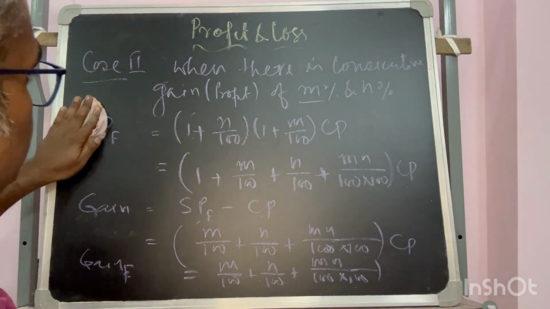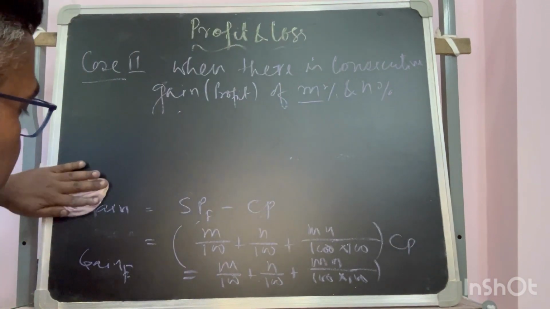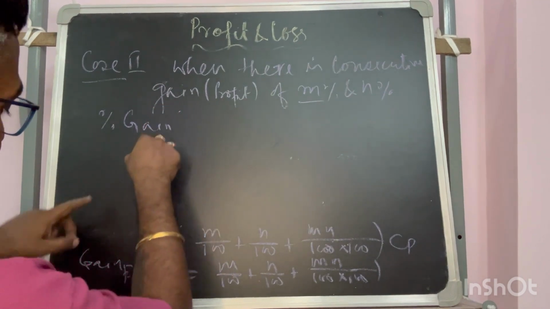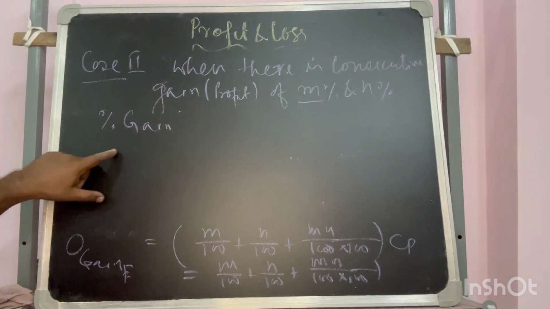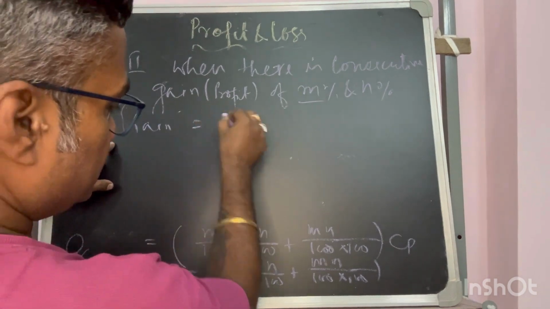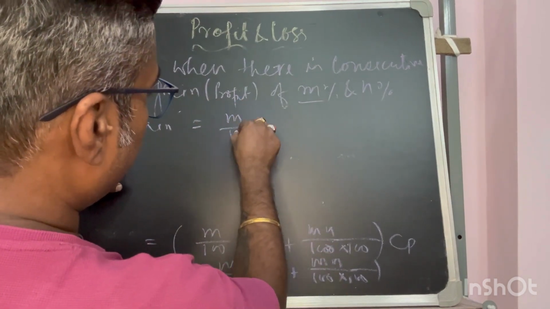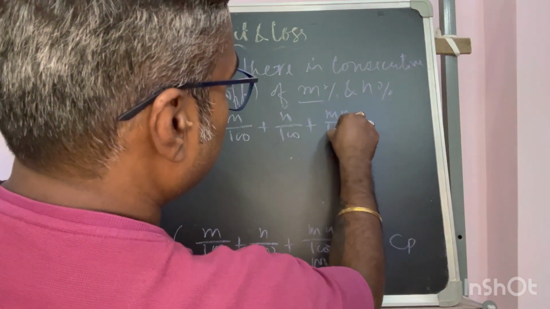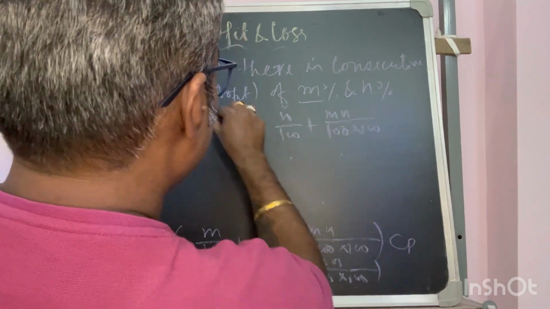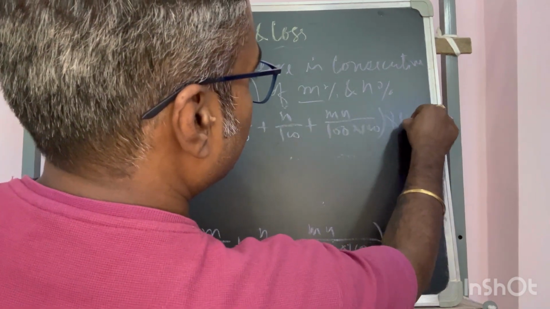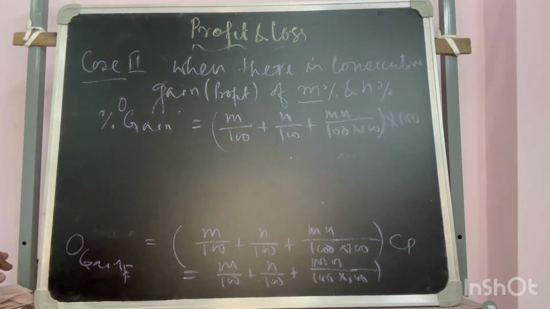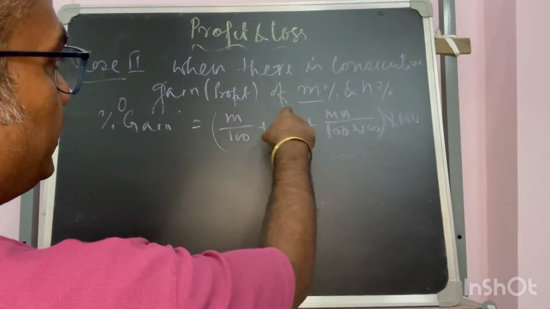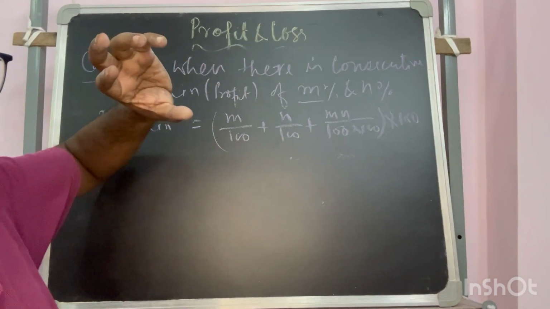Now what is the gain fraction, meaning the percentage gain? What will be the overall gain percentage? When I multiply this by 100, I get the fraction of gain as a percentage, where M and N are represented in percentage.